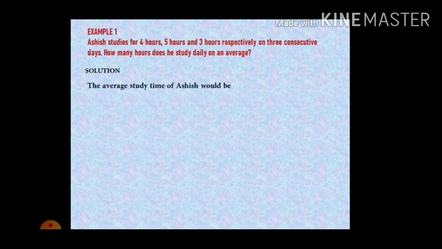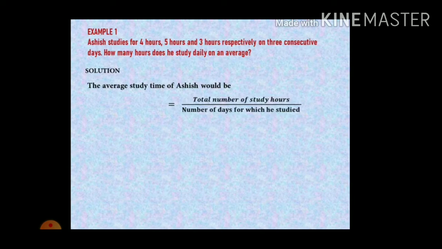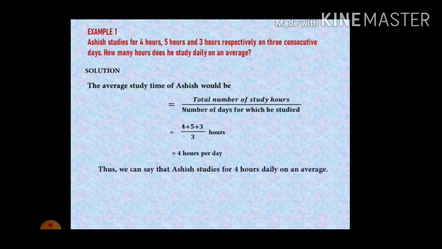So firstly, we'll write the average study time of Ashish would be the total number of study hours divided by the total number of days he studied. So that is equal to 4 plus 5 plus 3 divided by 3 hours. So the answer will be equal to 4 hours per day. Thus we can say that Ashish studied for 4 hours daily on an average.